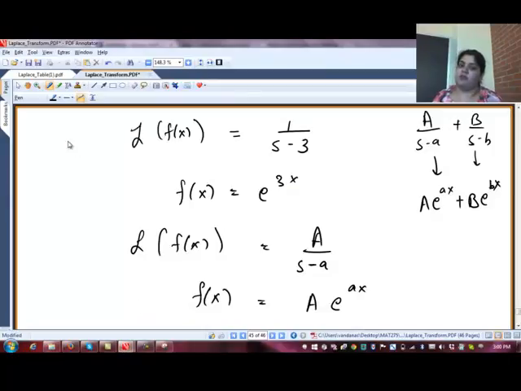Well, still it will involve some calculation. If it's just e to the 2t, and what was there? Sine 9t, right?